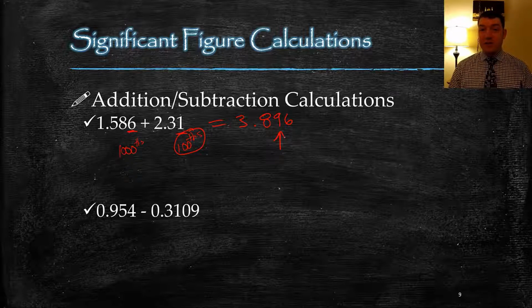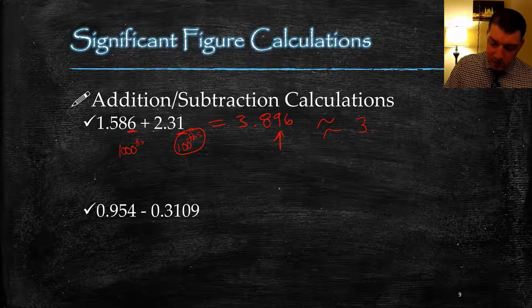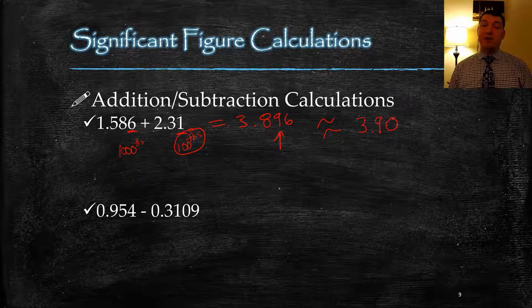That turns into a 0, which means it carries over and bumps the one to the left of it up 1. And that's why this will be 3.9, but we have to include the 0 to have that significant figure place in the hundredths. So this would be 3.90 as the answer computed to the correct number of significant figures.